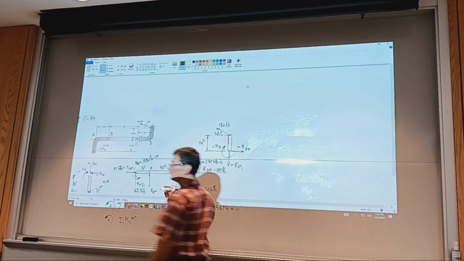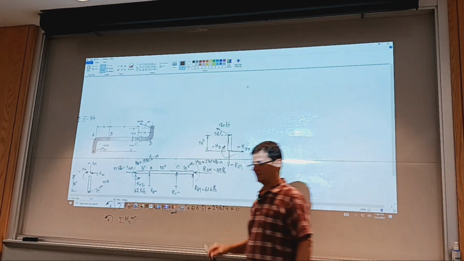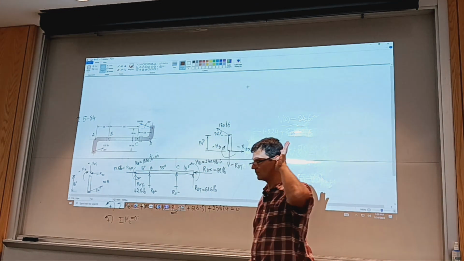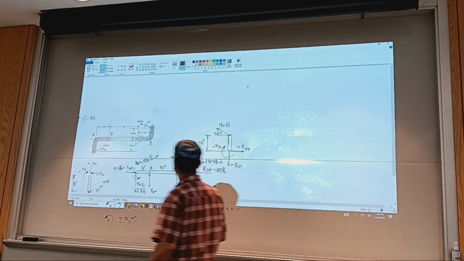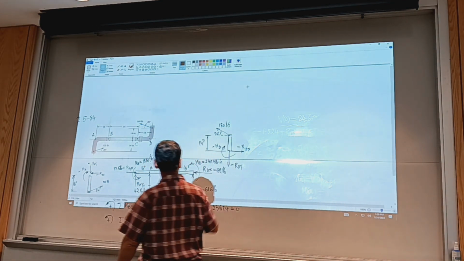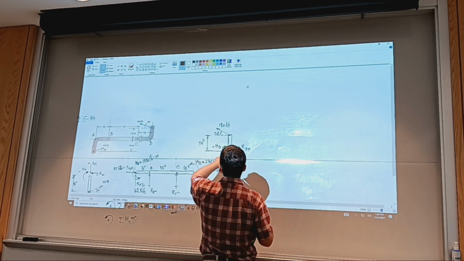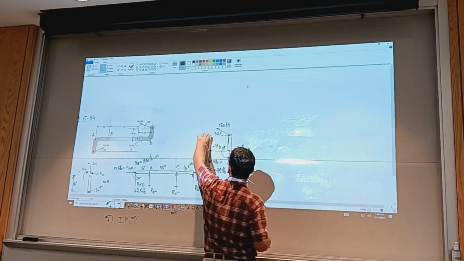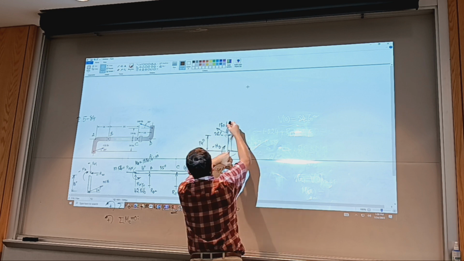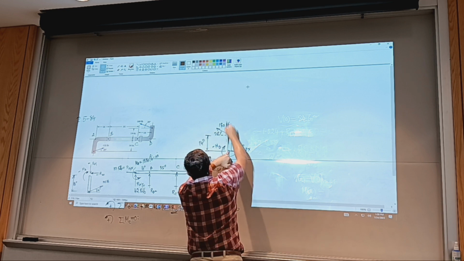Real quick, could you show us how to do the moment on that? I'm getting a little off on the moment for D. What do you mean, how I got the moment? Yes. Okay, so you just look at I have this arm and I have the horizontal force. The vertical force is not causing a moment.